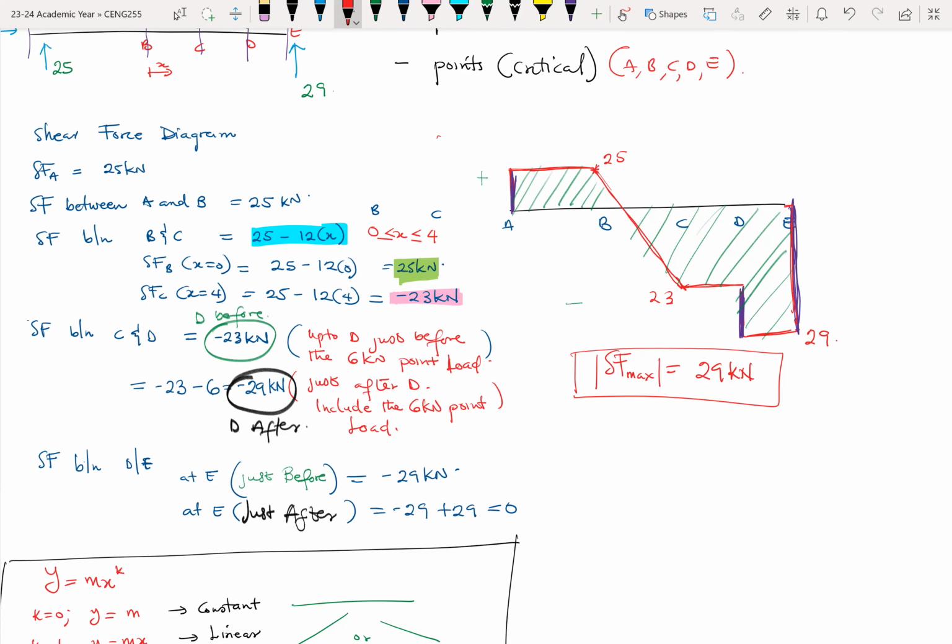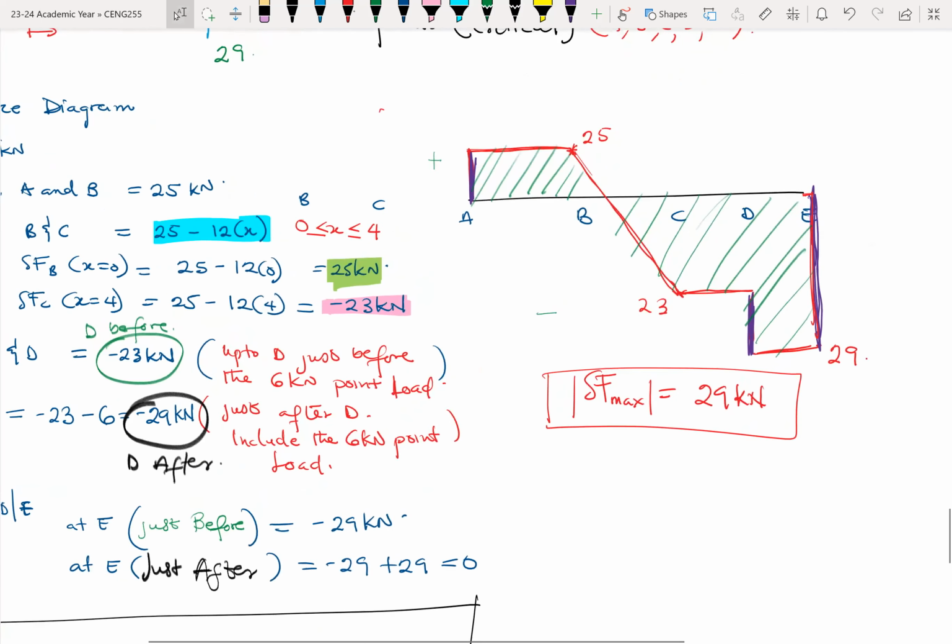Now, if you look at the shear diagram, you'd realize that at some point between B and C, the line crosses the zero axis. So at some point here, your shear force is 0. We don't know what that point is.